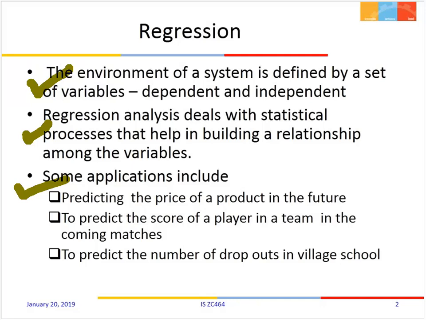Similarly, to predict the score of a player in a team, we will record certain kinds of patterns of the game of all the players, or maybe the same player for whom you are going to predict this score. And based on those patterns, or based on those data collected over the time, we will be able to predict the score.